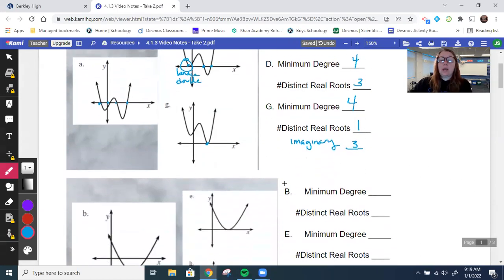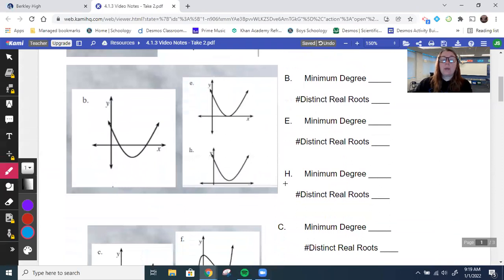All right, so let's take a look at this next one. So when we look at part B, I see that one I know it's a parabola. It's got to have a degree of 2. And in this case, I see it hits the x-axis 2 times. It has 2 distinct real roots. And again, these are the same graph, just shifted. And this one is hitting the x-axis only 1 time. Now, the degree is still 2.